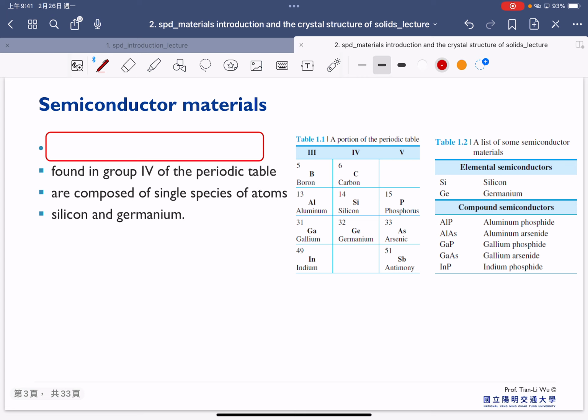So first, let's look from the very fundamental, the periodic table, at what chemical species we can use as semiconductor materials. The first one, we will look at group 4.